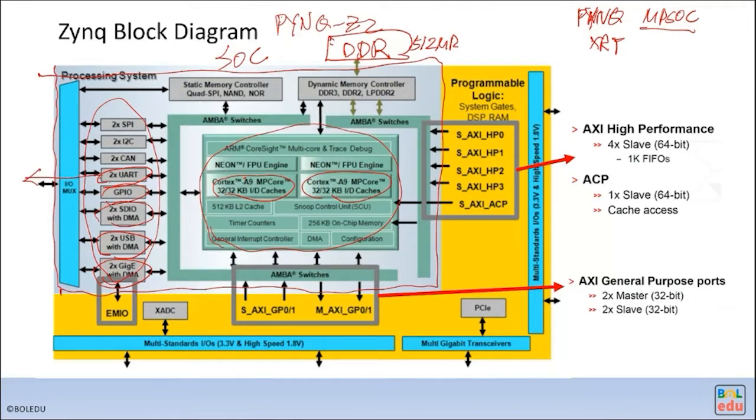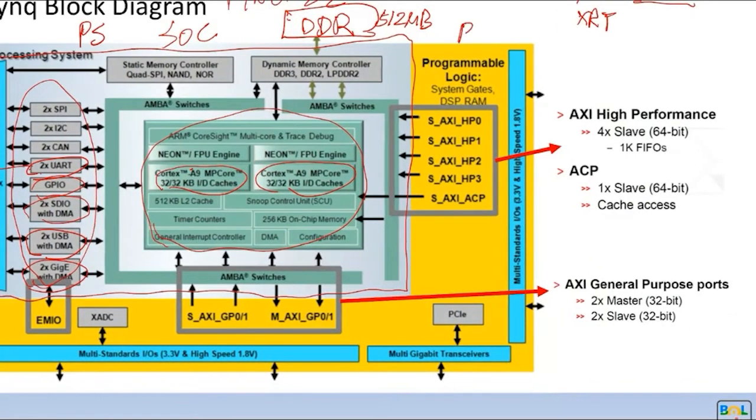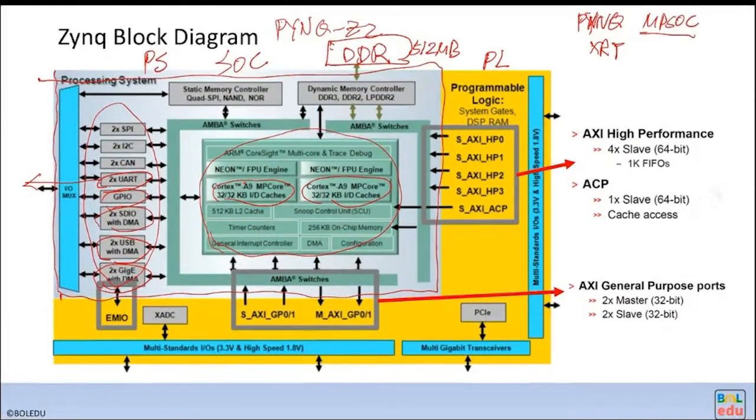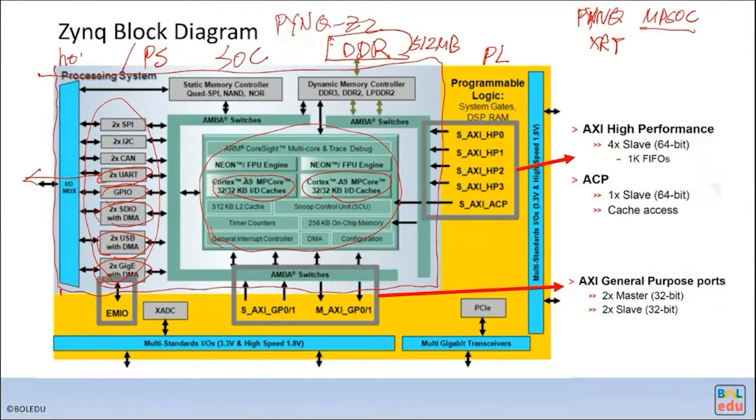And this SoC part we call the PS section, which means the processor section, and the FPGA part we normally call the PL section. So the PS basically runs your host program.